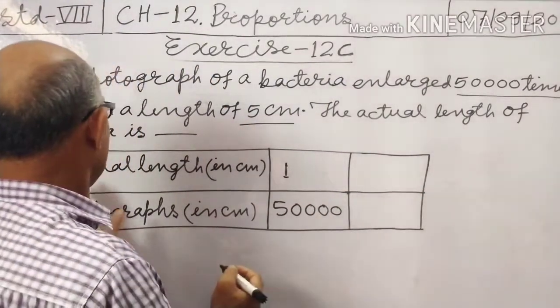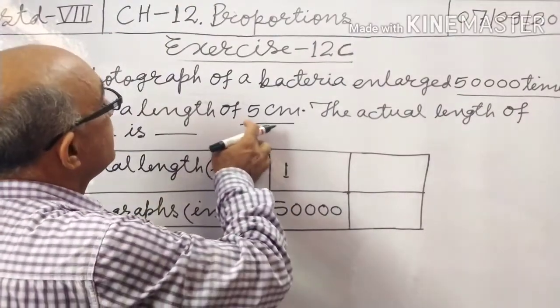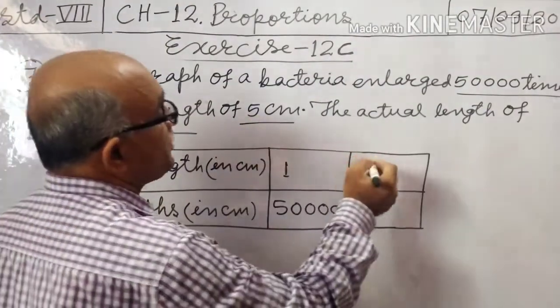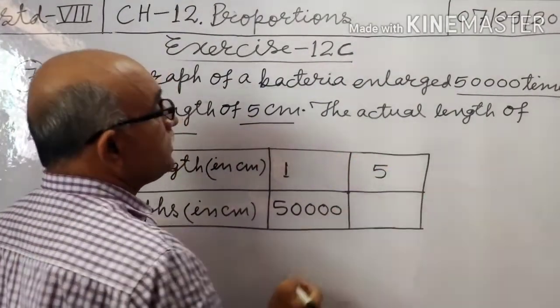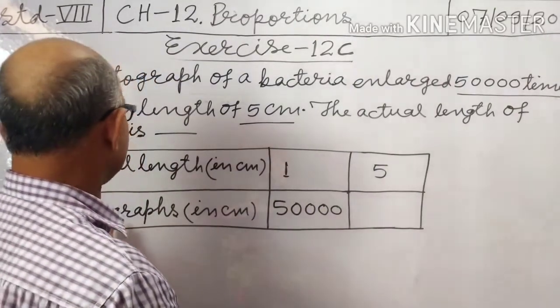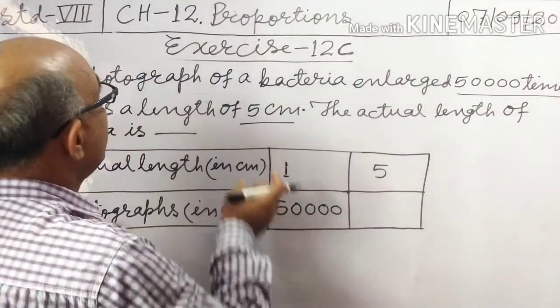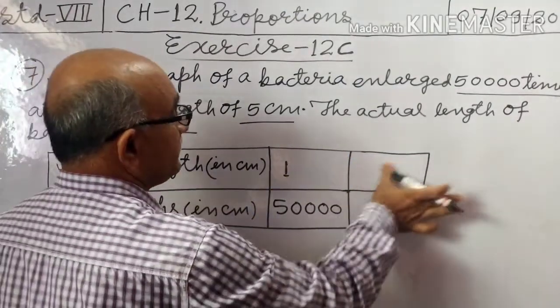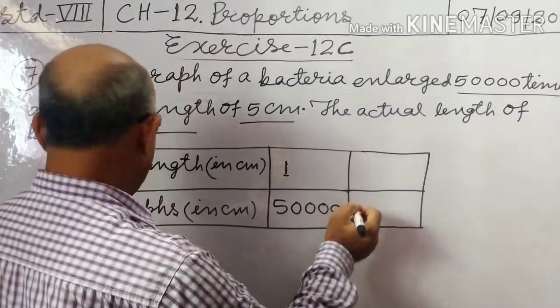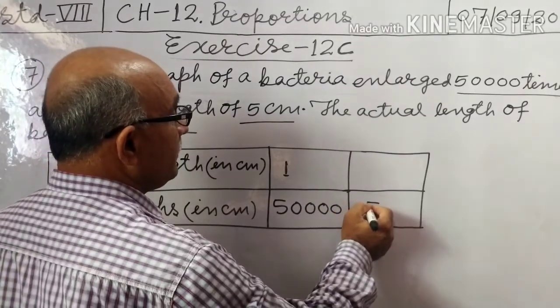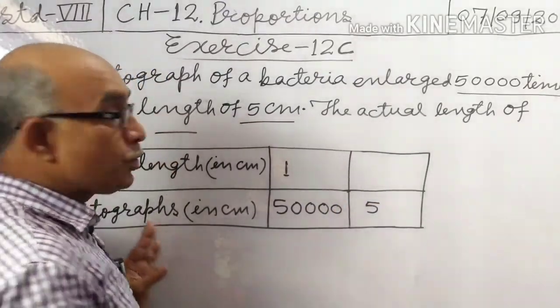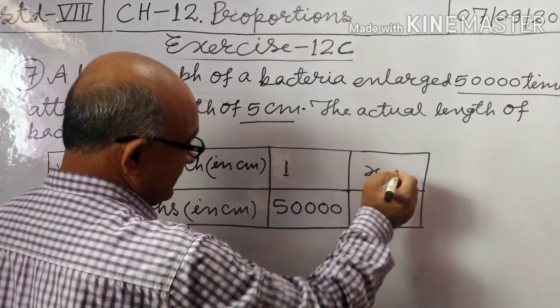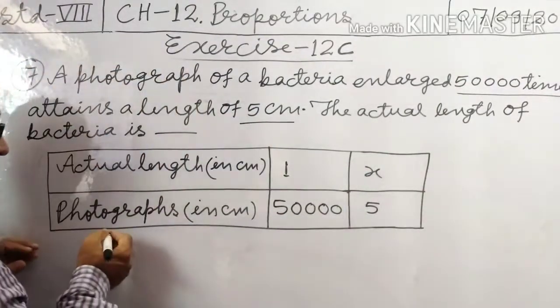Next, the photograph attains a length of 5 cm. The actual length of the bacteria is, here photograph is 5 cm, so actual length is x.